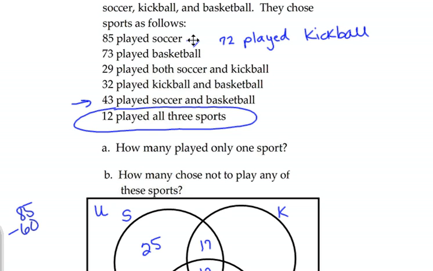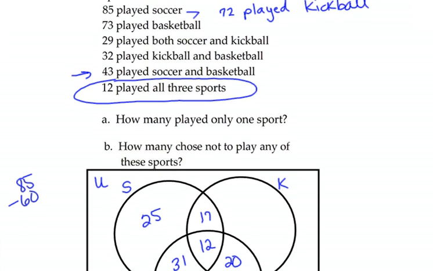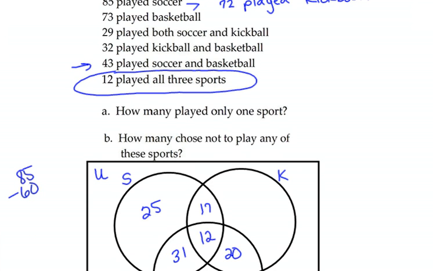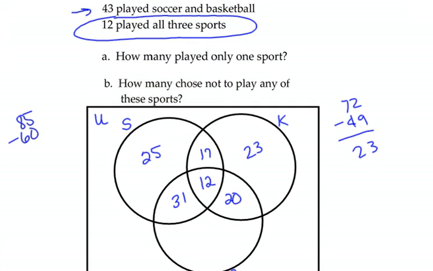If we have a total of 72 that played kickball, I have 49 that are already in that circle. So 72 minus the 49 would give me 23. So that final region of those playing kickball would be a total of 23.